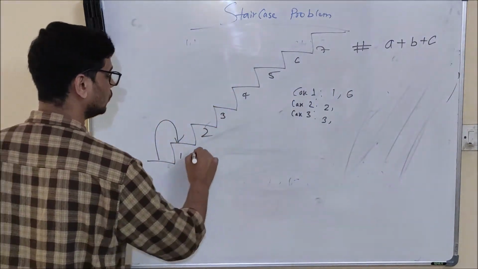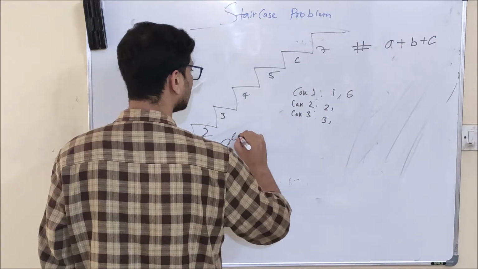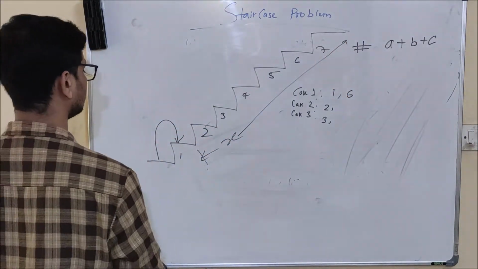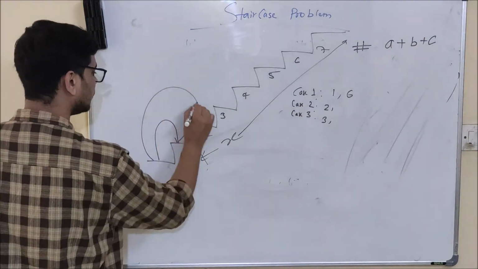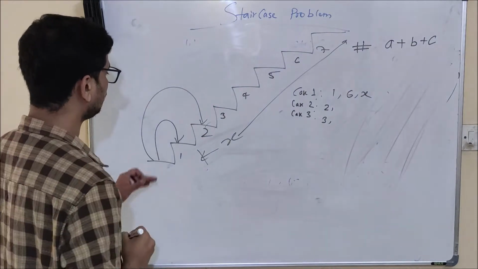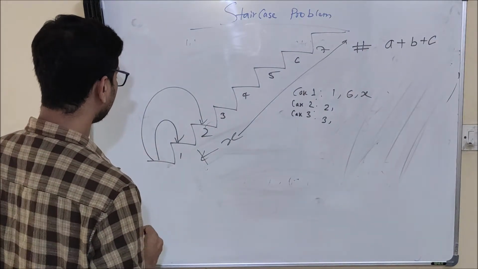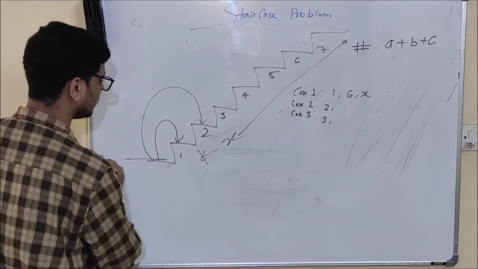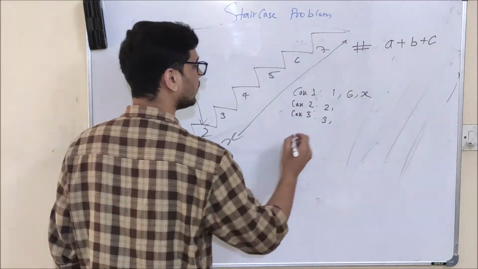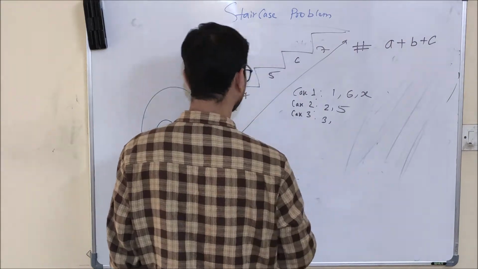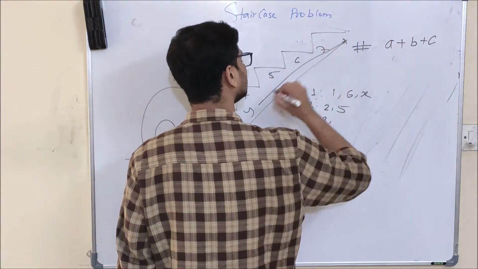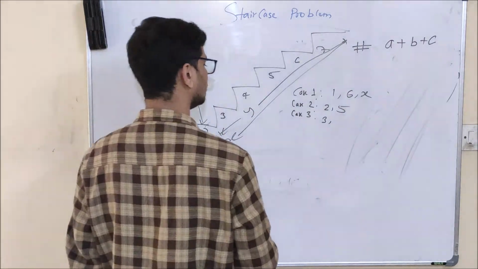And let's assume X is the number of ways in which I can jump the remaining 6 stairs. Now come to the second option. If I am taking a 2-step jump, I will reach the top of the second step, and the number of steps remaining will be 5. Let's assume Y is the number of ways in which we can jump the remaining 5 stairs.